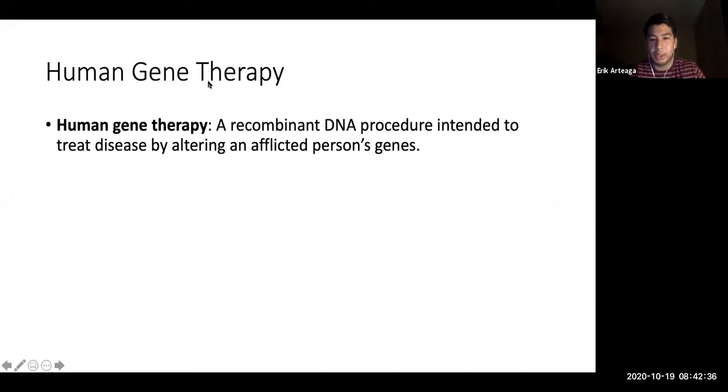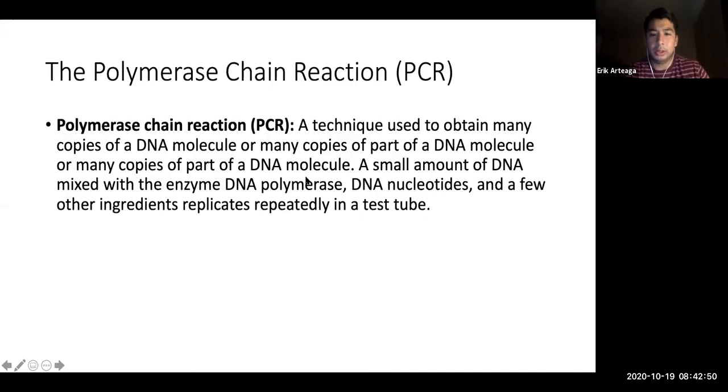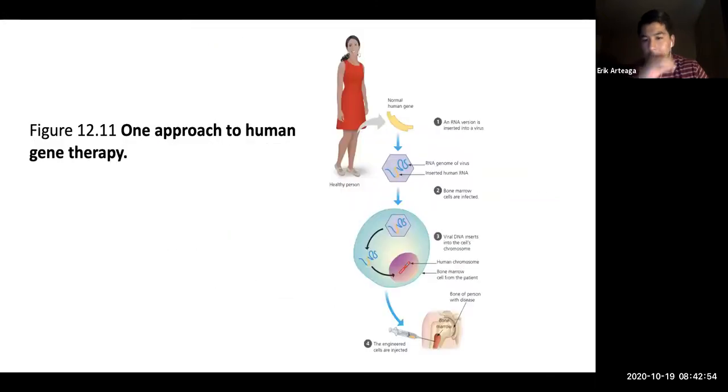So human gene therapy is a big one, right? So we talked about a recombinant DNA procedure intended to treat disease by altering an afflicted person's genetics. Okay, so I think we talked about the Gelsinger case. Let me see. Oh, we'll talk about that later. But essentially, what happens is we are editing genomic information within a human.